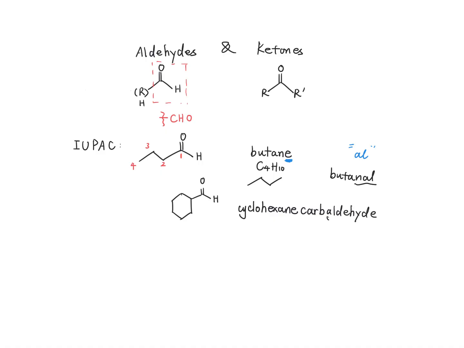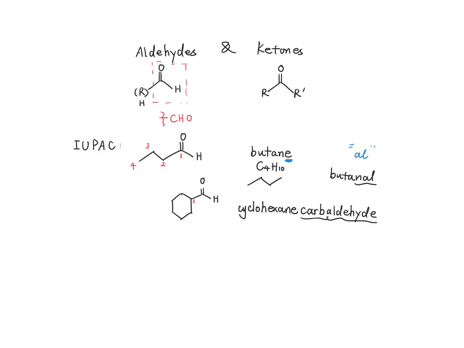We'll give the name carboaldehyde to show that we have an aldehyde functional group on the cyclohexane. The carbon on cyclohexane which has the aldehyde functional group will be carbon 1. So that is how we name an aldehyde.